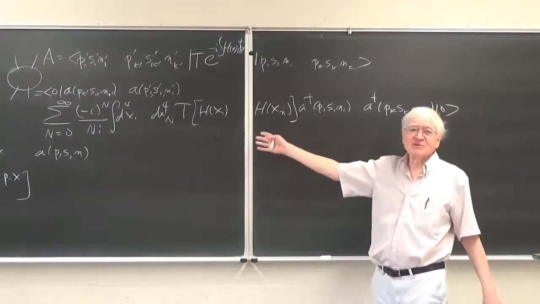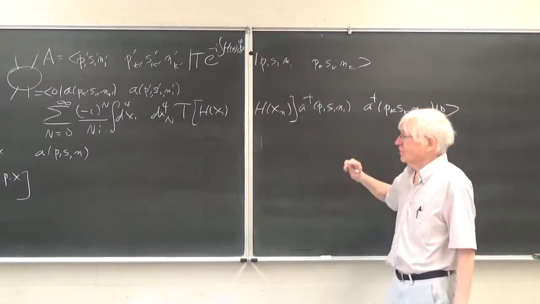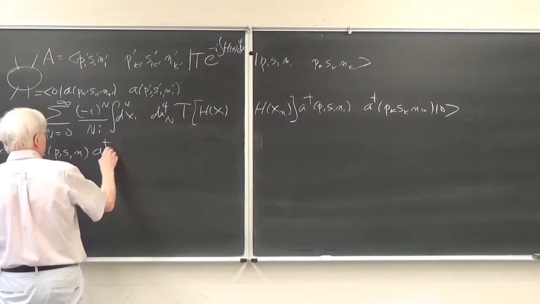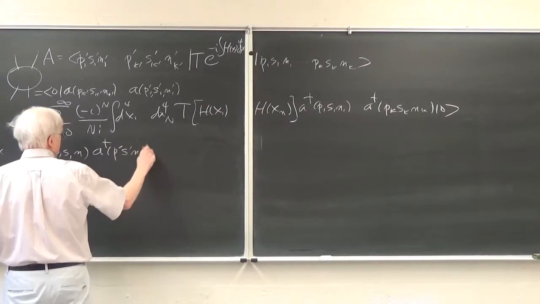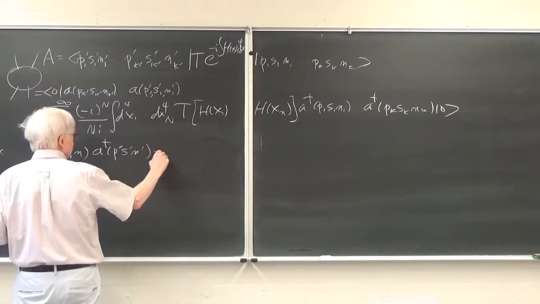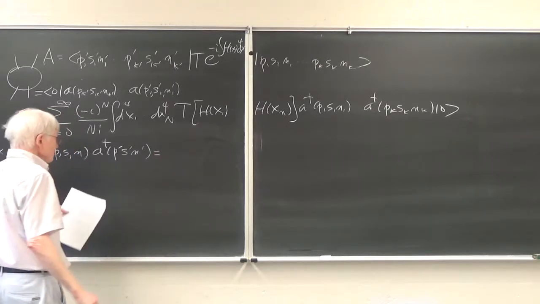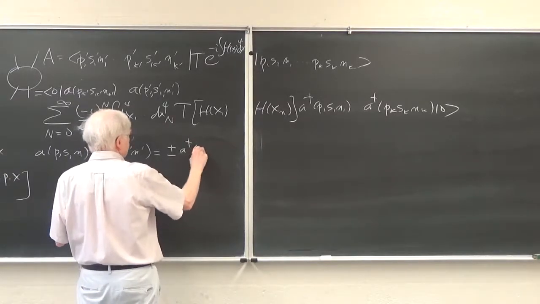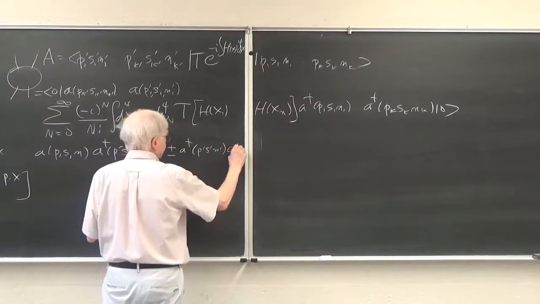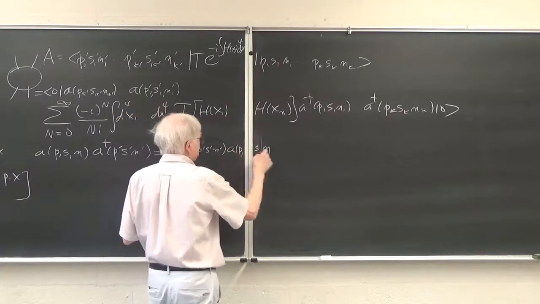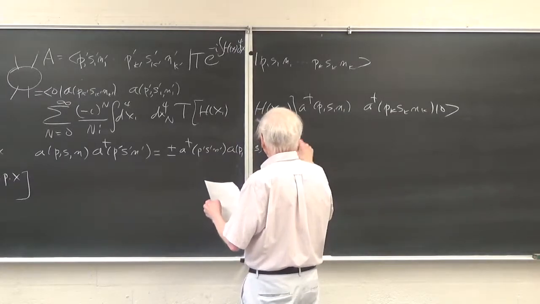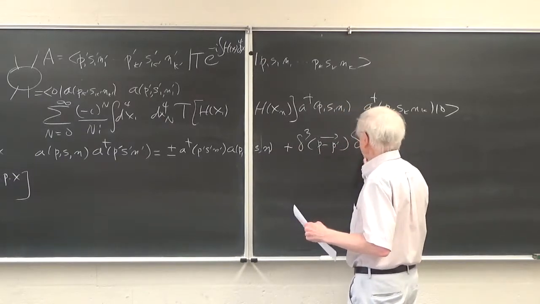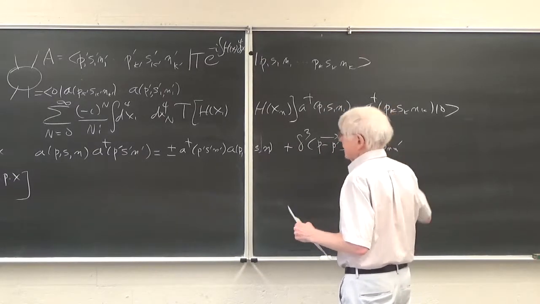Anyway, so you have this enormous procession of annihilation and creation operators, and each time they cross, you use the commutation relation that this is equal to plus for bosons, minus for fermions, the thing in the opposite order, plus delta cubed of p minus p prime, delta s s prime, delta n n prime.